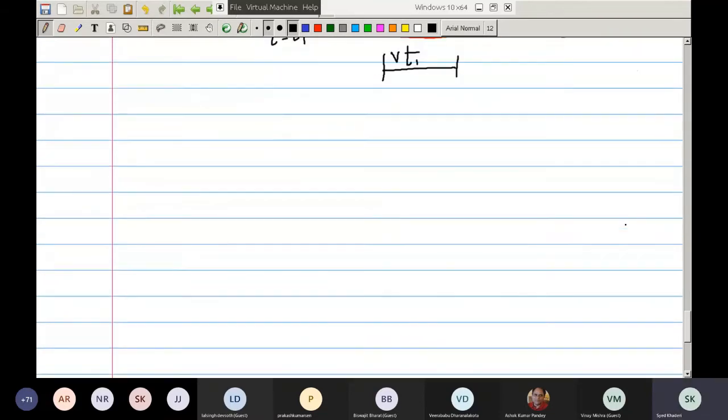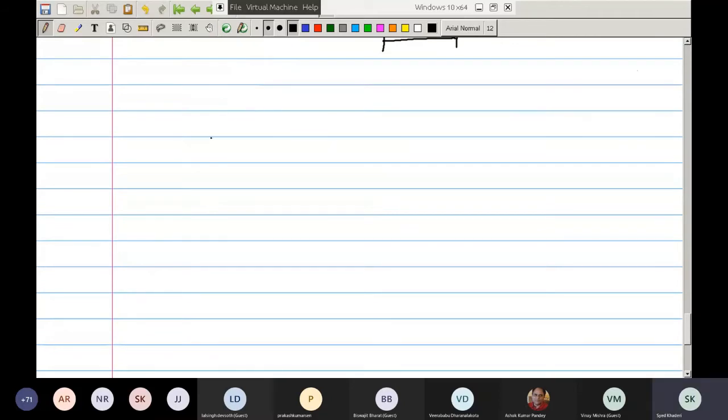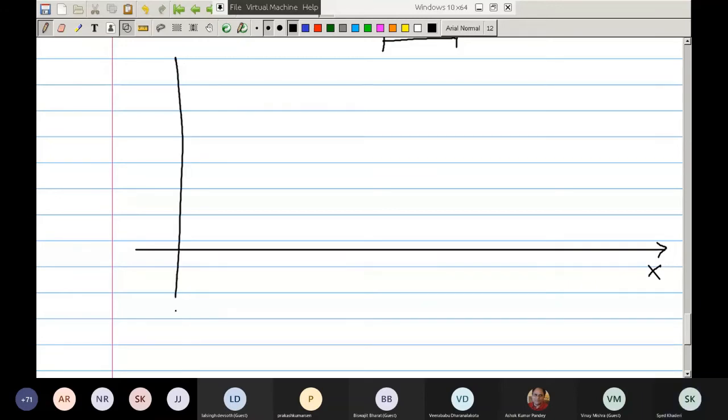So what I can do is I can draw my coordinate x here, and I can have my time axis like this. This is my time t equal to 0.